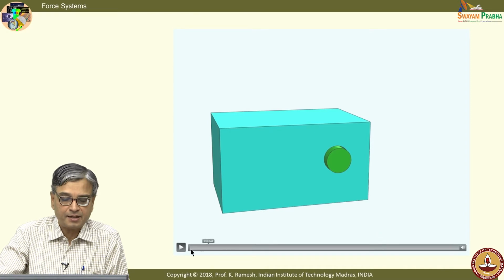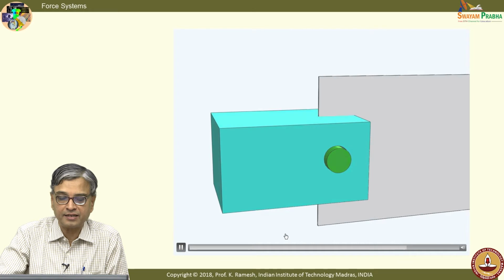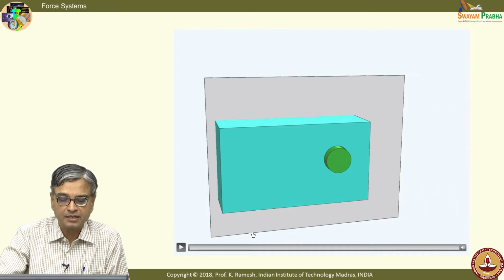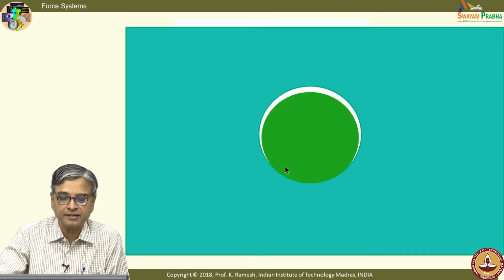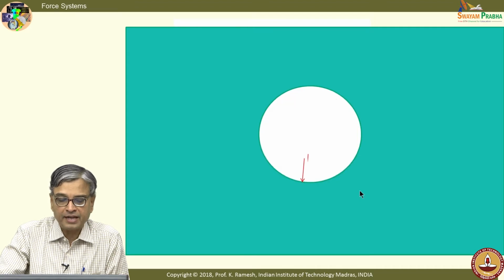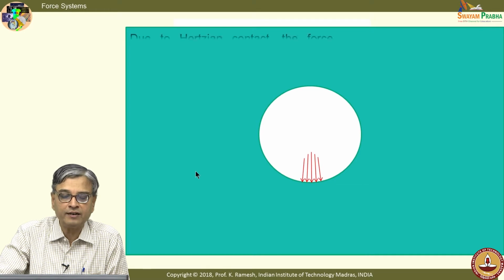I pass an imaginary plane cutting the pin and the block assembly, and I would see the pin sitting on the hole like this. When I magnify it, I can see the clearance between the pin and the block, and you have a contact over this length which is magnified several times, and by Hertzian contact principle you would have an ellipsoidal force distribution.